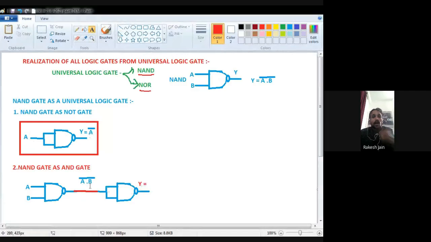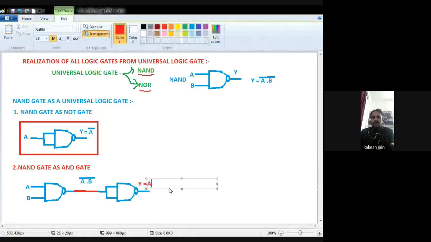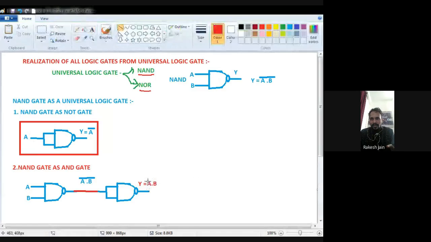Now for this second NAND gate, if the input is A dot B bar, the output is opposite, meaning it has another bar. It already has a bar. So this is the input. Now the output is the opposite of the input, it means double bar. One bar is already there, and the second bar is because this is a NOT gate.